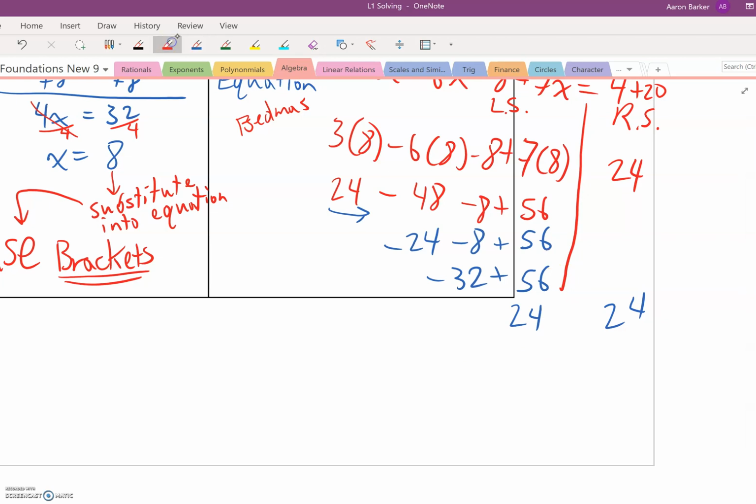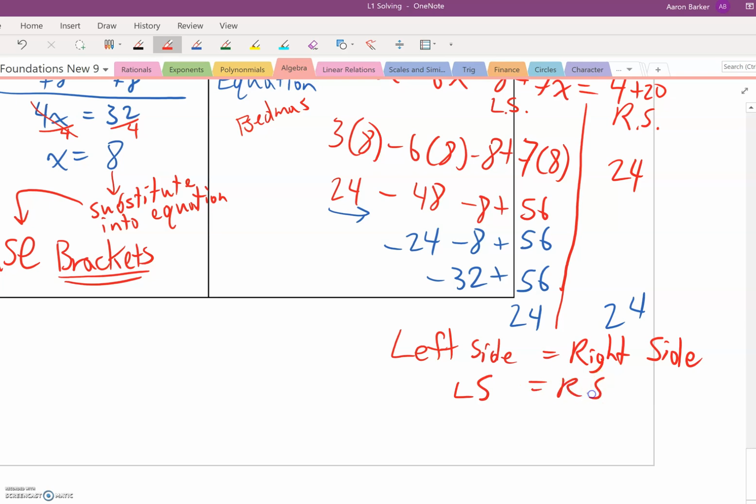I have my great wall of check. And so I can say the left side equals the right side. Because I have a balance between my left and my right, what does this mean? Well, when your left side equals your right side, that's probably how you're going to abbreviate it during your work.